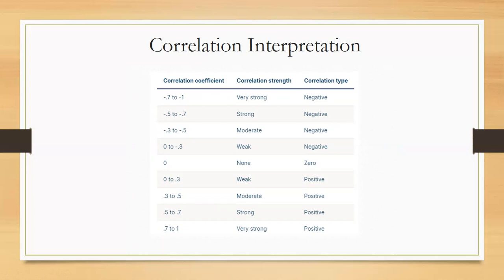And -1 is a perfect negative correlation. Same way for the positives here.